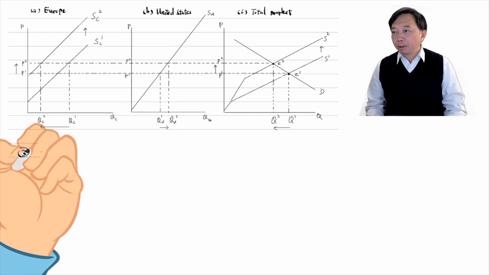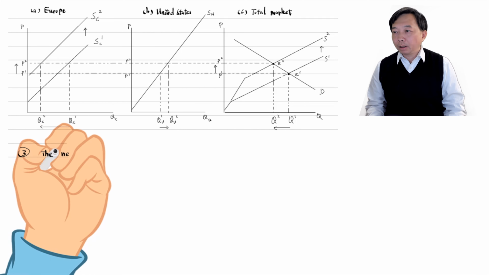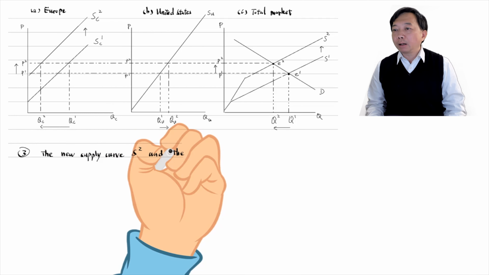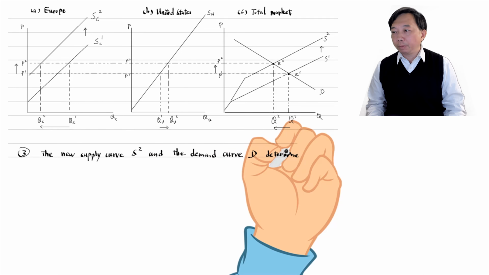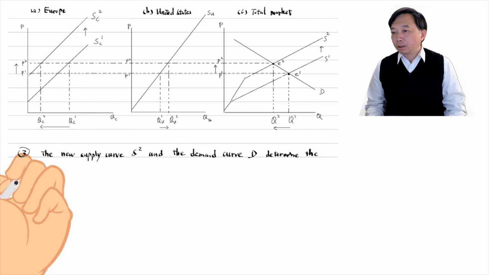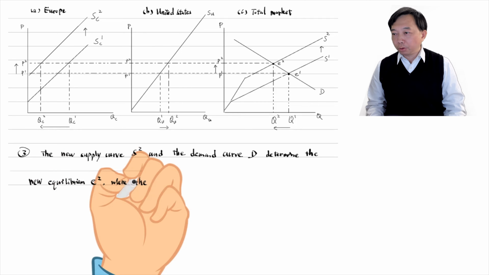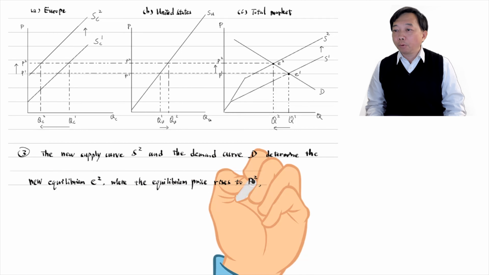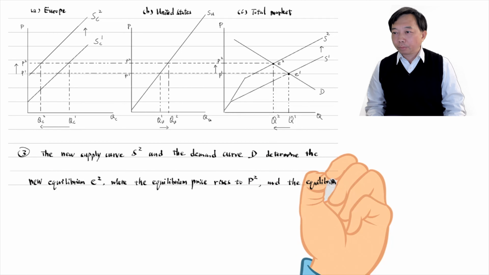In the third step, we determine the equilibrium with tariffs in the European market. The new supply curve S2 and the demand curve D determine the new equilibrium E2, where the equilibrium price rises to P2 and the equilibrium quantity falls to Q2.